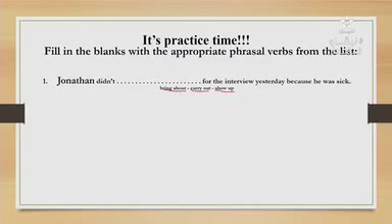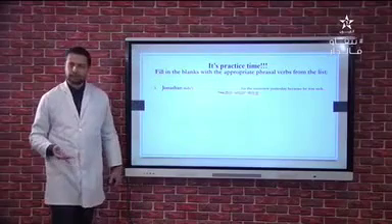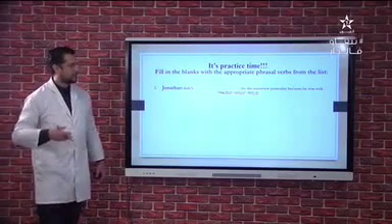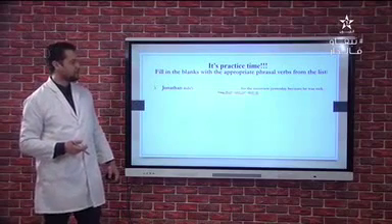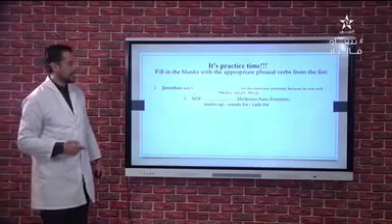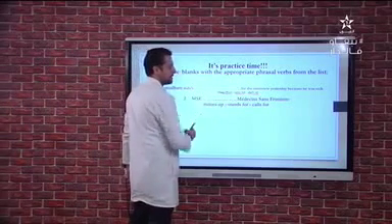What I advise you to do is use your dictionary to look for words that you don't understand. I think you have many online dictionaries as well as dictionaries that you can buy from bookstores, right? The second sentence here is MSF, right? As you can see, we have a space here. You have Médecins Sans Frontières.